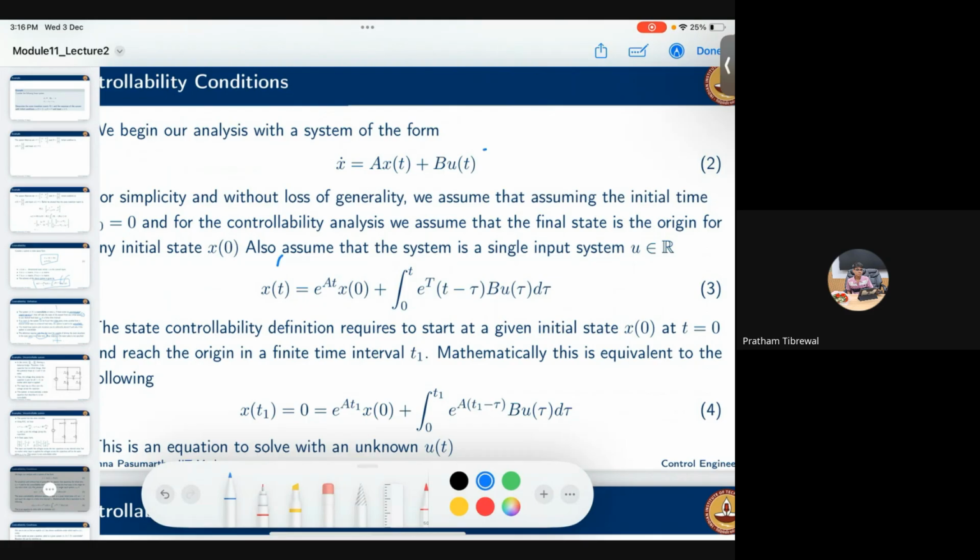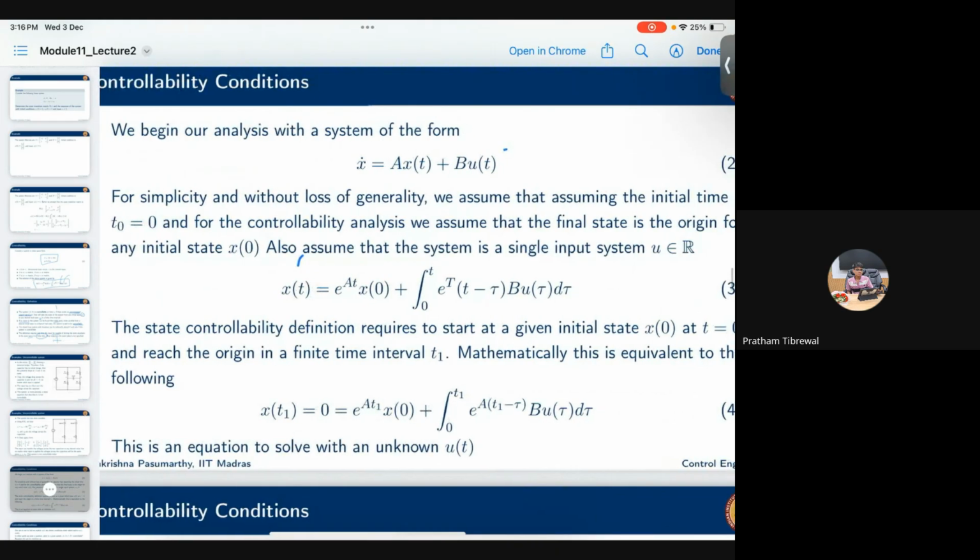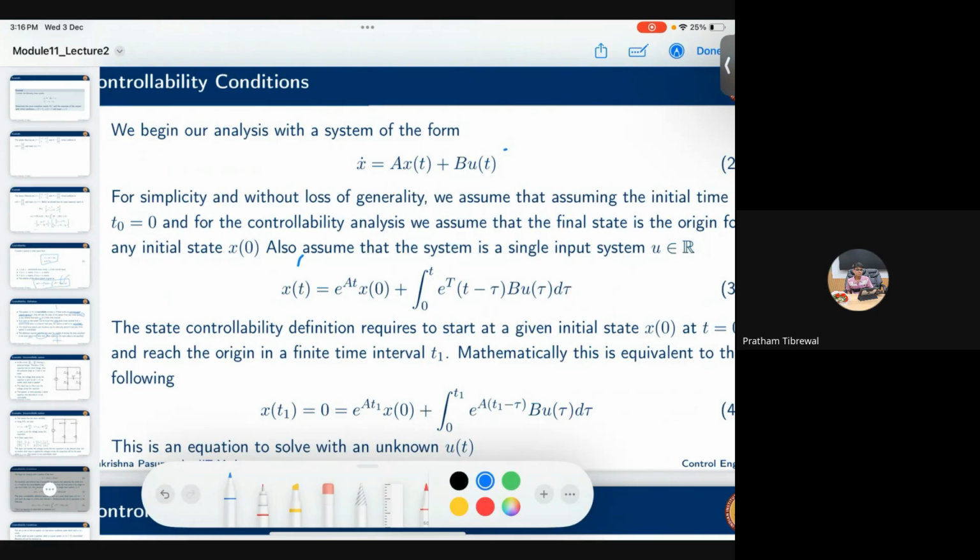Without loss of generality, we can assume that the initial time is t equal to 0, t naught equal to 0, just for ease of computation, and assume that the final state is the origin.